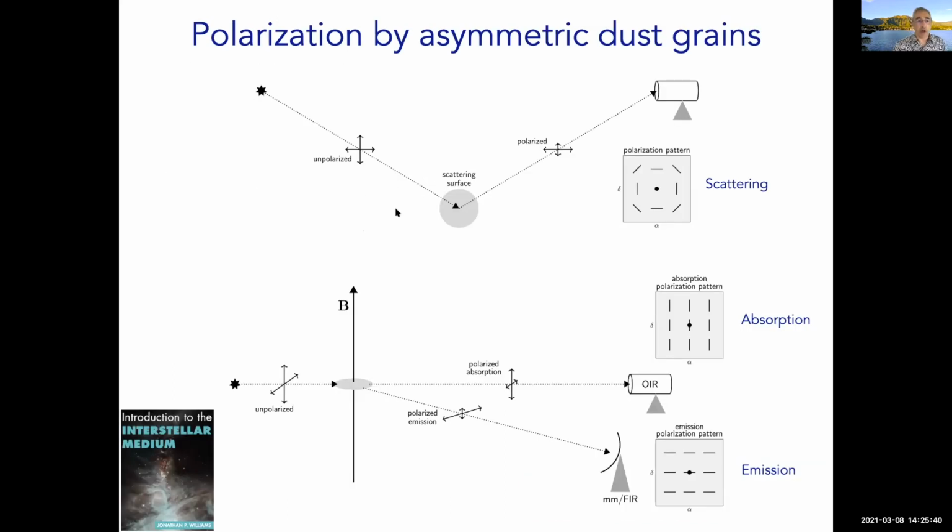Here's an example of that. So we have an emitting source here. If this light was unpolarized, its electric field is in every direction, but if it scatters off a source, then the scattering will attenuate the electric field perpendicular to that scattering plane.